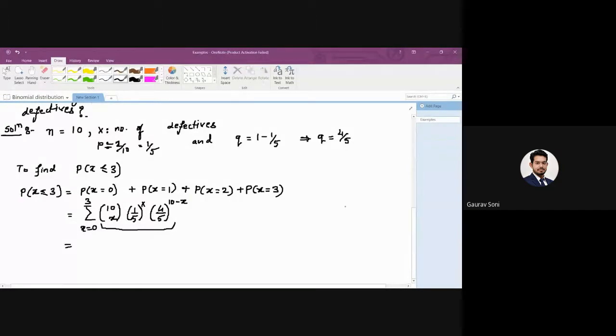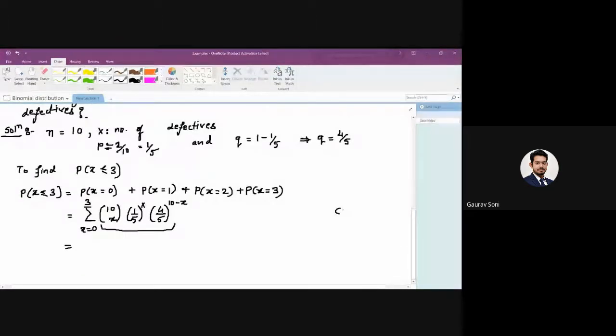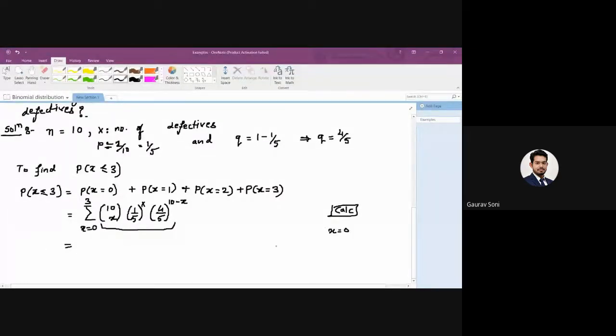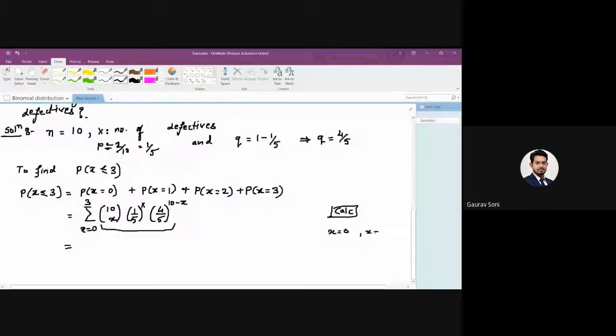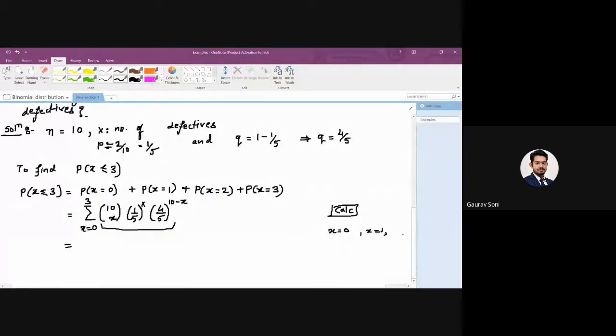Once you enter that function, press calculate. Give x equal to 0, write down the term, give x equal to 1, write down the term, give x equal to 2, write down the term. If you don't want to use the summation, give me the final answer.